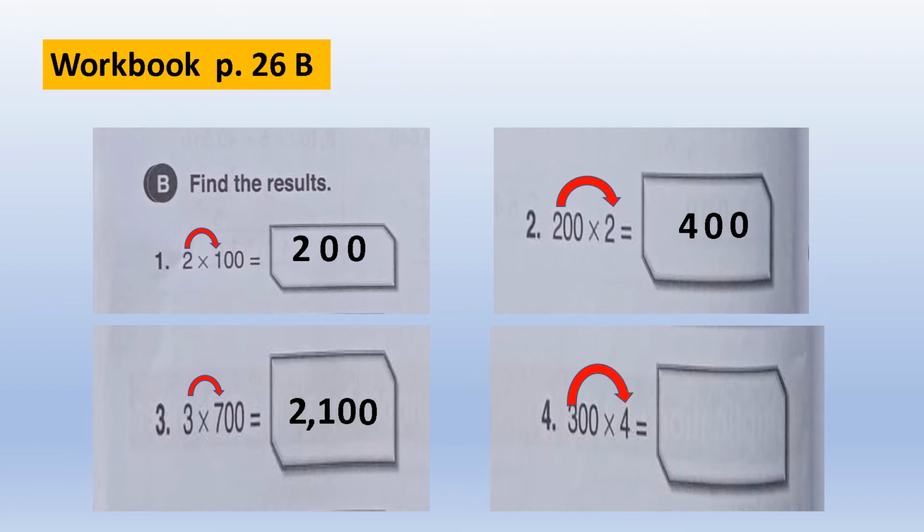Number 4. It's the same. Just multiply 3 and 4. That will give you 12. And then add two zeros. So the product is 1,200. Put a comma after the third digit from the ones place. So you say 300 times 4 is equal to 1,200. Number 5.